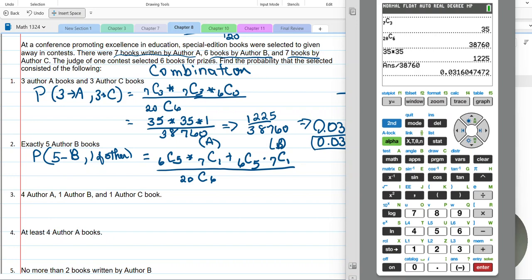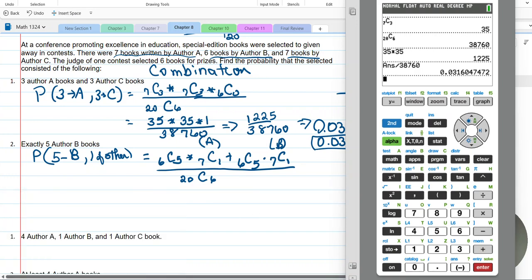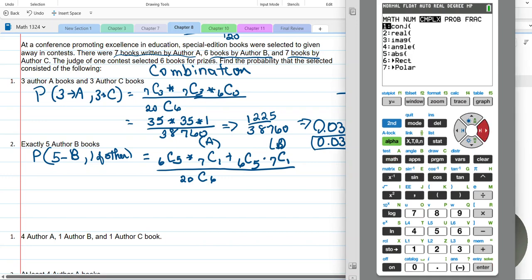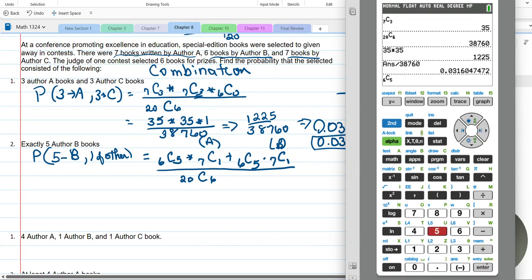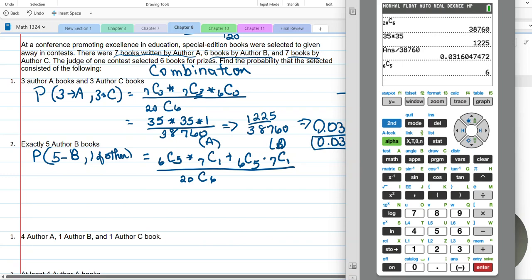All right. So let's do that. 6, math, PROB, number 3, and we're choosing 5. And I get 6. 6 times 7, because if I'm choosing 1 from the other one, it's that.